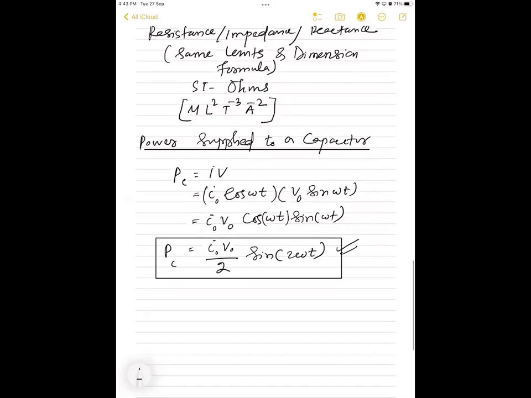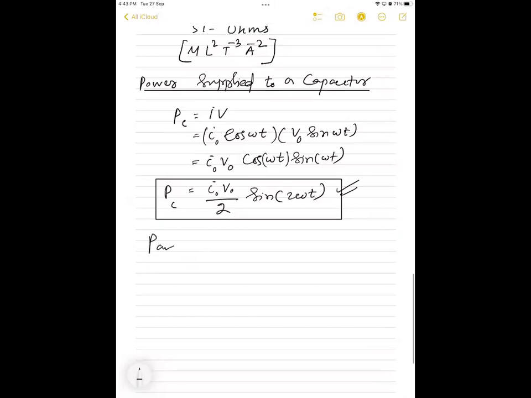ऐसे भी अगर हम एवरेज पावर निकाल लें, P average means VRMS IRMS cos phi, और यहाँ पर वोल्टेज और करंट के बीच में एंगल 90 डिग्री है ना? तो VRMS IRMS cos 90, तो कितना हो जाएगा? जीरो हो जाएगा ना, 0.